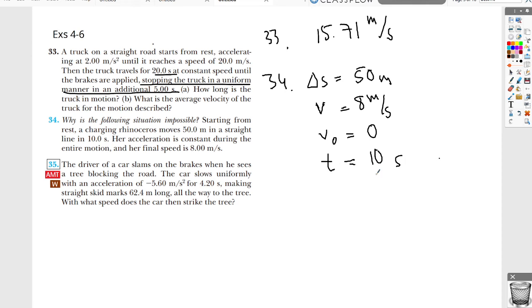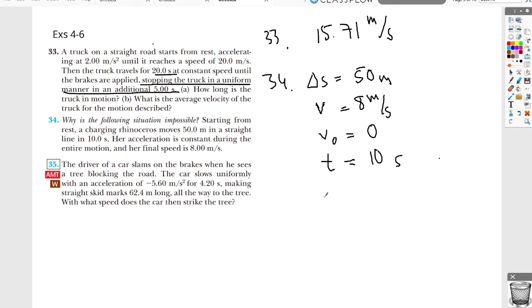If we want to do that, we have to use our equations, because our equations are good for when the acceleration is constant. But our acceleration has to be the same for all of the equations that we use. So let's use our fourth equation. That's my favorite. Except for the fact that it doesn't have acceleration, so I can't actually use the fourth equation.